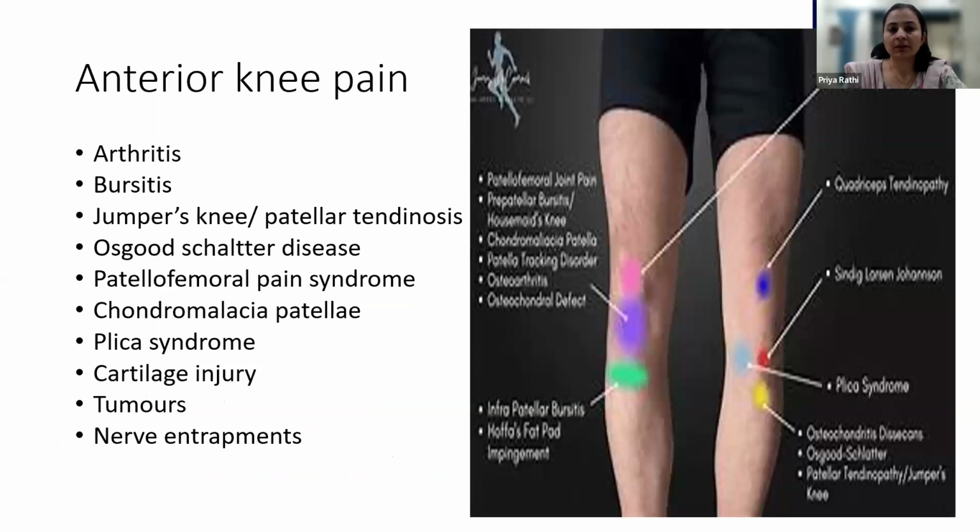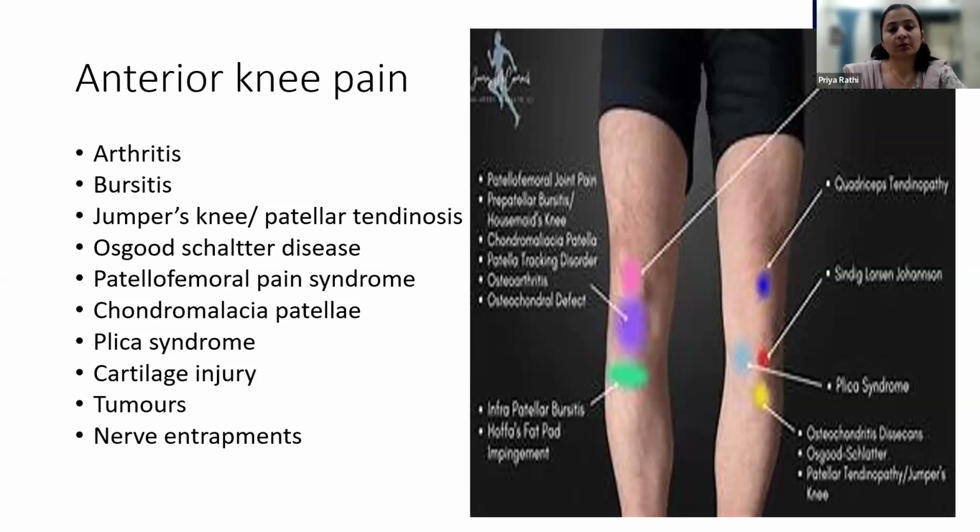If we talk about anterior knee pain, there can be a whole battery of diagnoses. It could be because of arthritis, bursitis, jumper's knee, or patellar tendinosis. Osgood-Schindler disease occurs in younger patients of growing age. Patellofemoral pain syndrome can be there. Chondromalacia patellae, that is degenerative changes in the patellar cartilage.